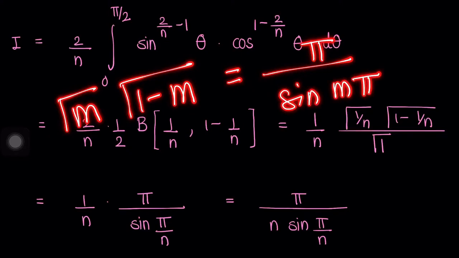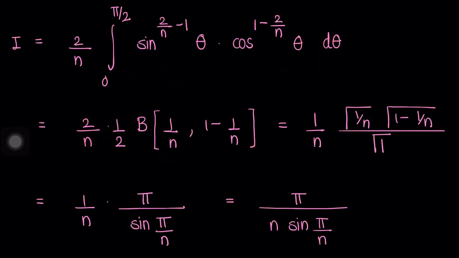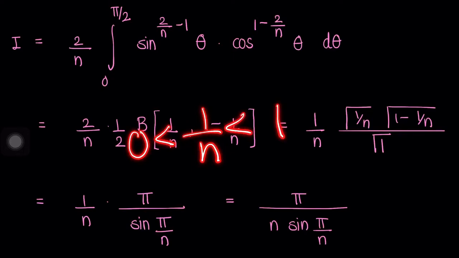So to use this formula, this m should be between 0 and 1. Okay, so here we have considered n as a positive integer, so 1 upon n will of course be in between 0 and 1. 0 is less than 1 by n, and 1 by n is less than 1. So here we can use the Euler's reflection formula.